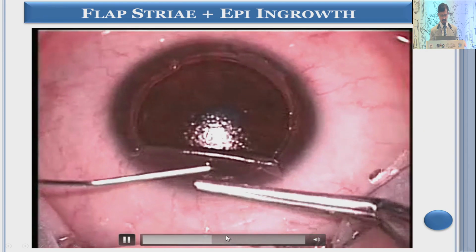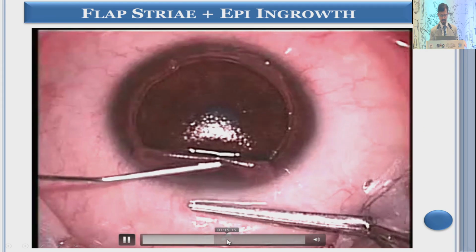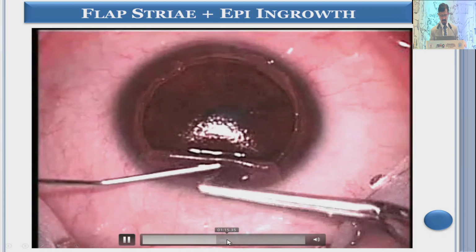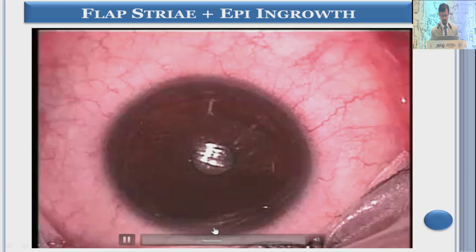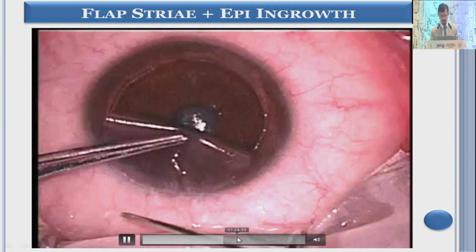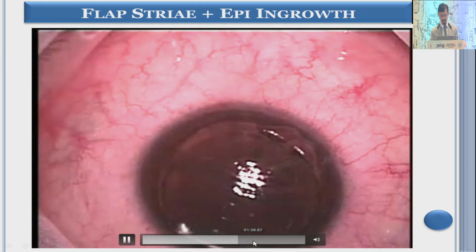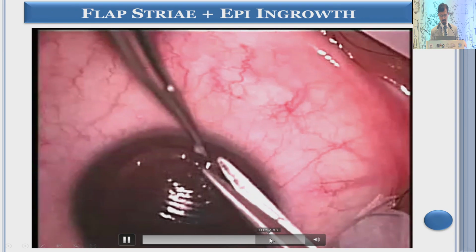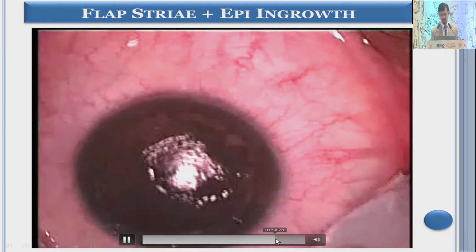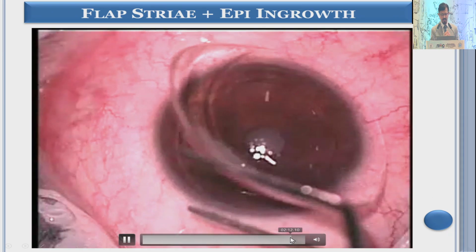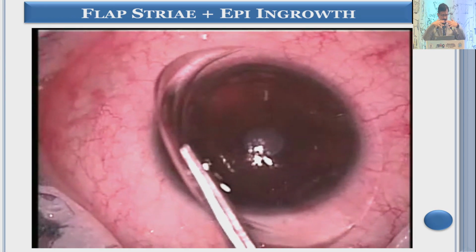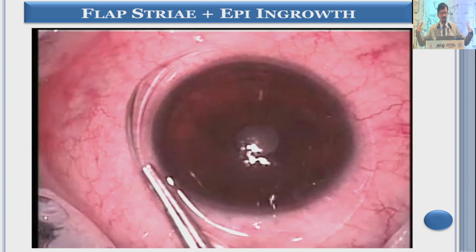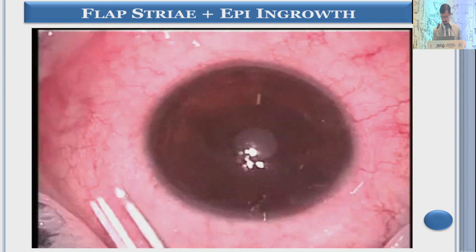You can do ironing of the flap, and once you have done that, you debride the epithelium, put some hypotonic saline or distilled water on the surface so that the stroma of the flap swells up so that it stretches, and that's how it takes care of the flap stria.